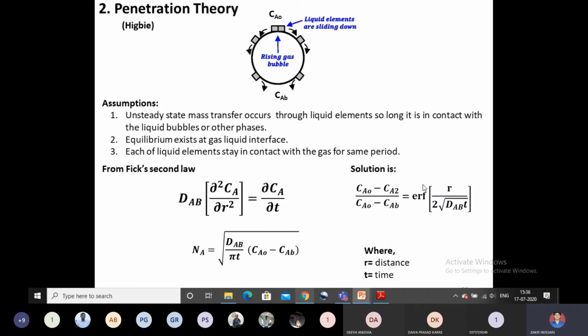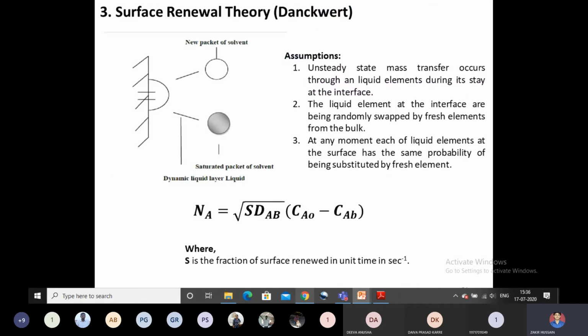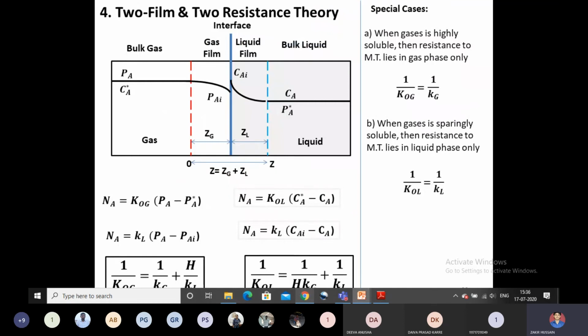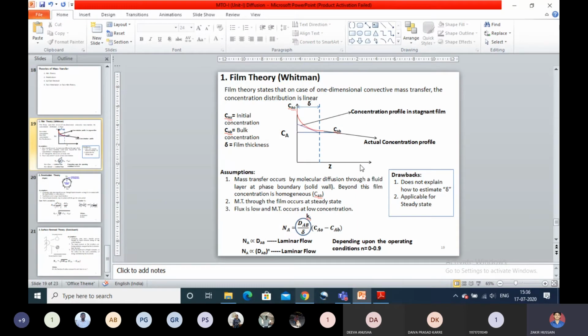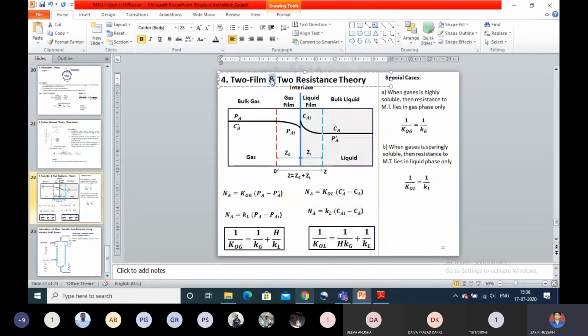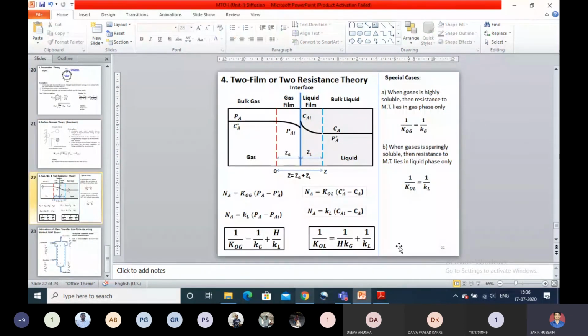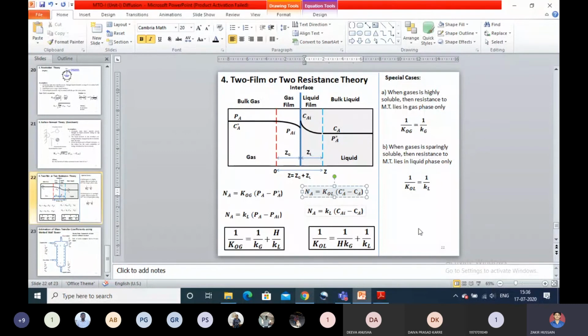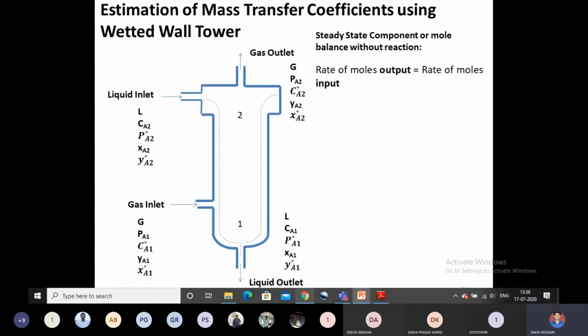Otherwise this solution is enough. Only the theory part of these theories is in your syllabus, not the derivation. The next one is surface renewal theory, and the last one is two-film or two-resistance theory.